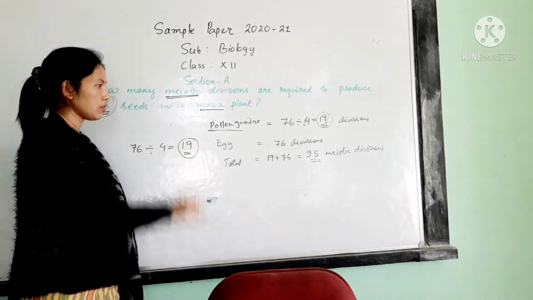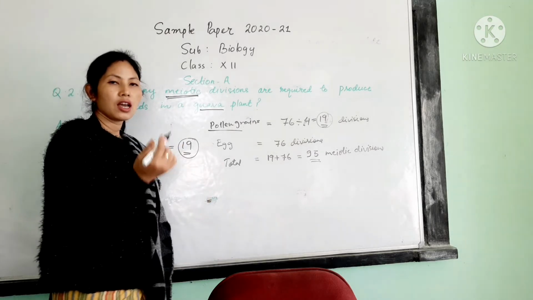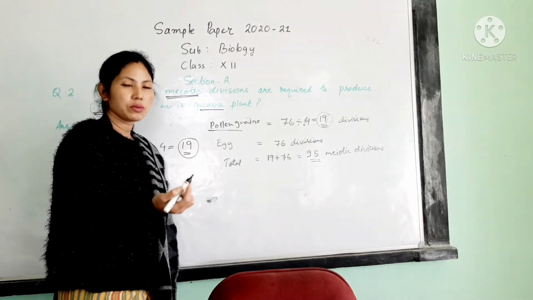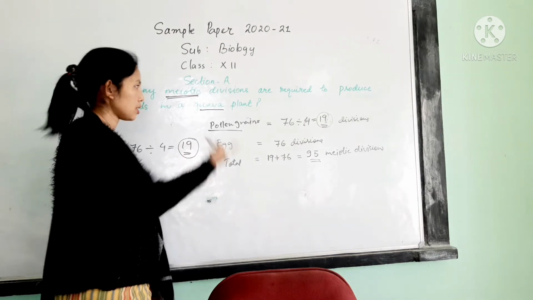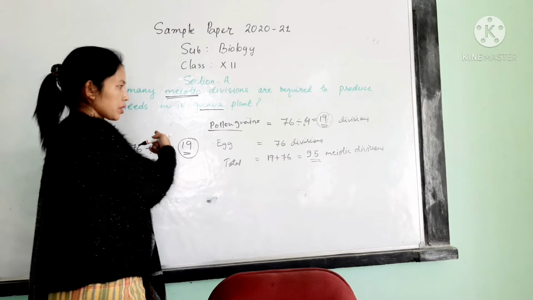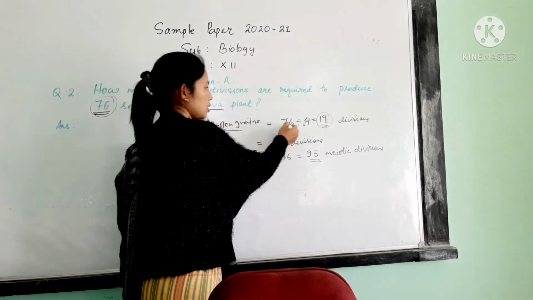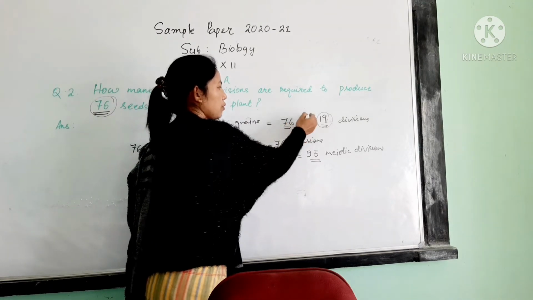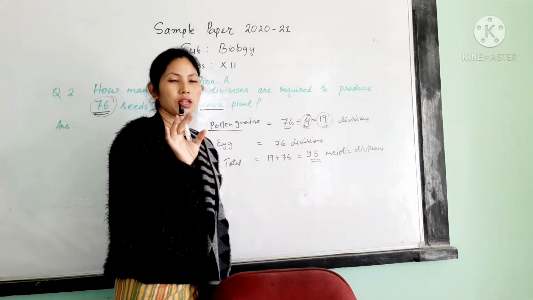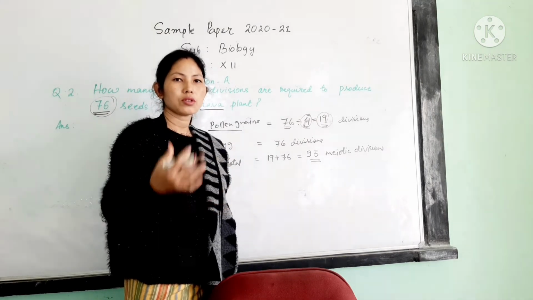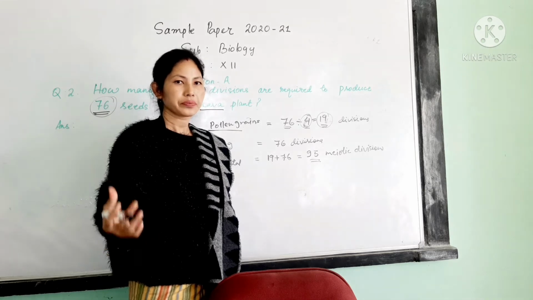Right? So how did we do? First we calculated how many divisions will be required to produce the number of pollen grains making 76 seeds. Right? So to do that, 76 seeds divided by 4. Why divided by 4? Because we know that each pollen mother cell undergoes division and produces 4 haploid gametes. Right?